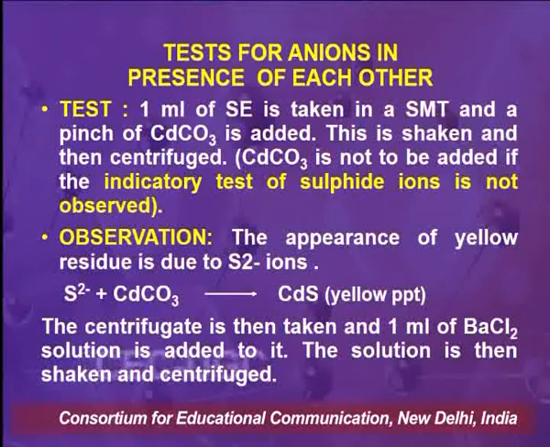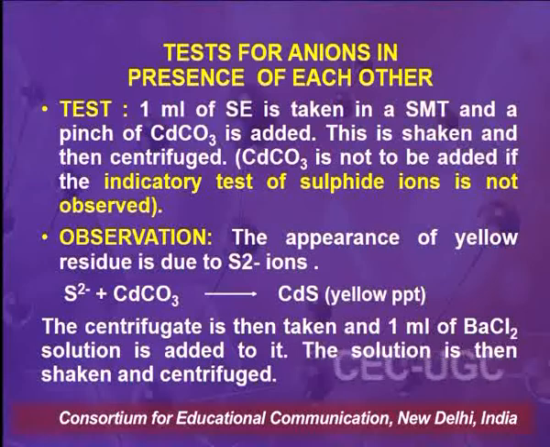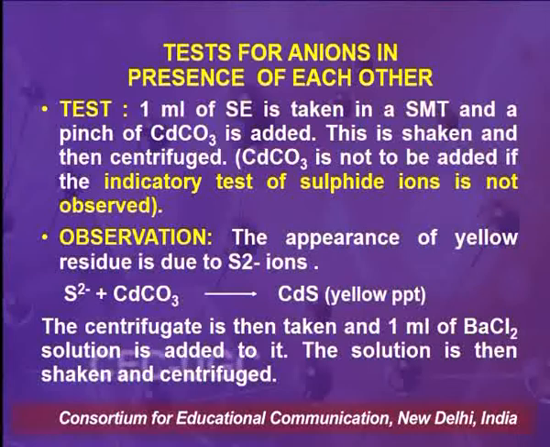Cadmium carbonate is not to be added if the indicatory test of sulfide ions is not observed, because cadmium carbonate needs to be added for the detection of sulfide ions only. So, if sulfide ions have not been indicated in the test earlier, then cadmium carbonate need not be added, because there is no need of adding additional solutions in the mixture.